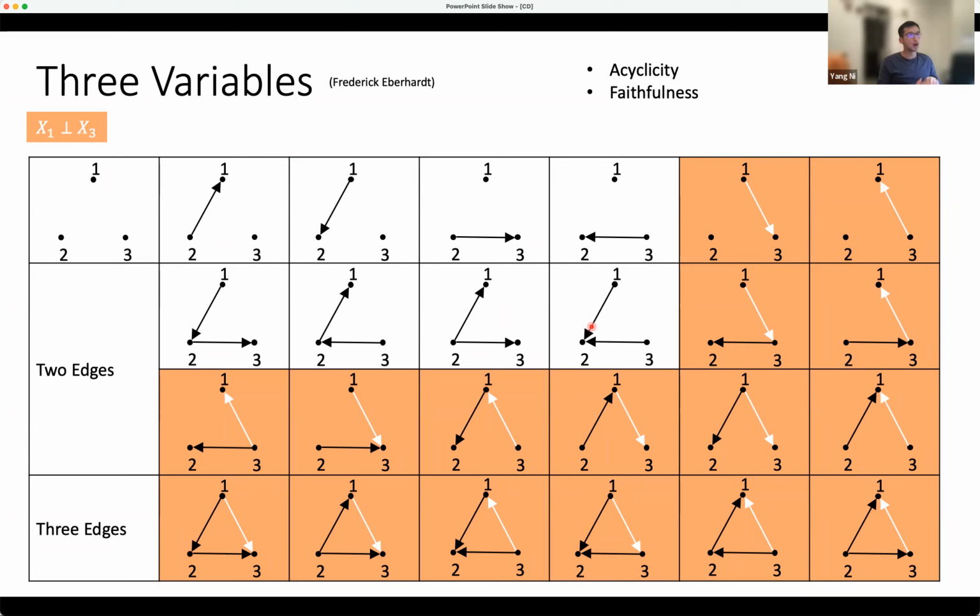Okay, so if you focus on the graphs with the orange background, x1 and x3 are directly causally related. So in some graphs, x1 is the cause. In other graphs, x1 is the effect of x3. So anyway, they are causally related, but the independence relation on the top left corner says x1 is independent of x3. Therefore, this set of graphs cannot be the data generating causal graph. So we can safely eliminate them based on this independence relationship and these 2 causal assumptions.